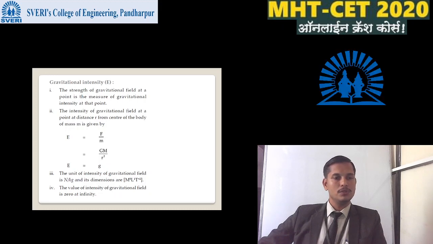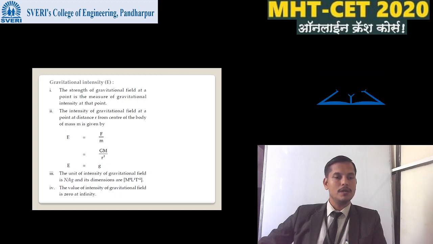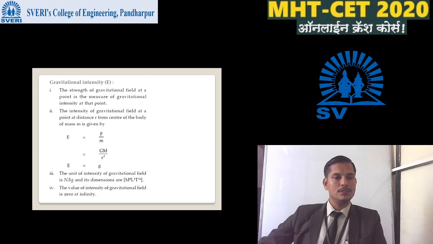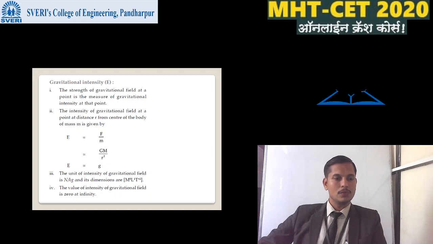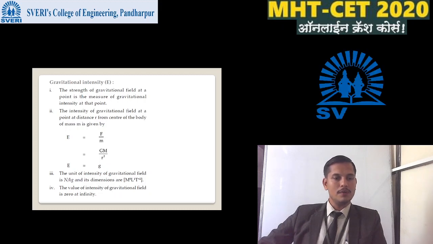So if we use the previous equations, it becomes simply capital G into capital M divided by r square, or E is equal to G M by r square. The unit of intensity of gravitational field is Newton per kg and its dimensions are given, that is M0 L1 T minus 2. The value of intensity of gravitational field is 0 at infinity.